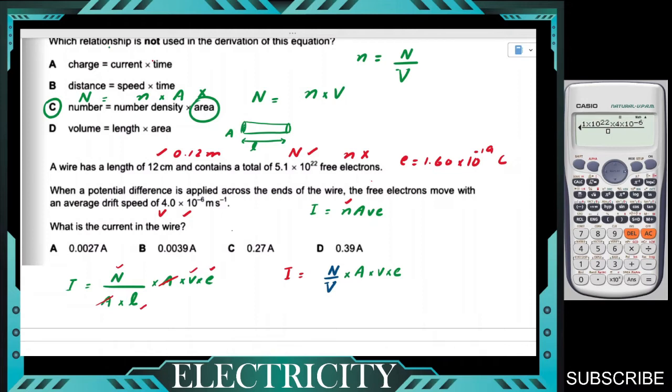And e is 1.6. So this thing times 1.6 into 10 raised to the power -19, divided by 0.12. And we get 0.272. So we get C as the right answer for this one.